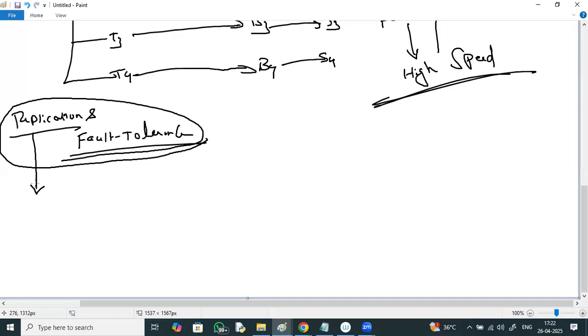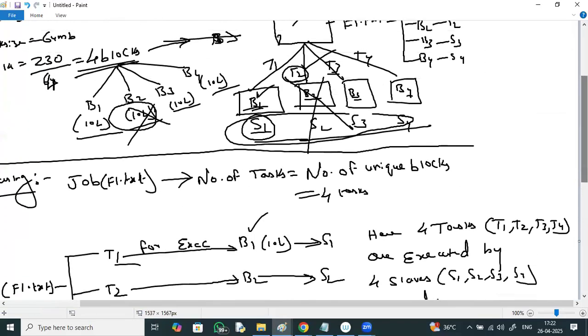Even if one block is lost, the other block will still be available in other systems. So Hadoop has a powerful fault tolerance model. If multiple tasks are running and any system goes down, immediately the task will be assigned to one of the other slaves so that the job won't fail. If the task fails, the job fails.